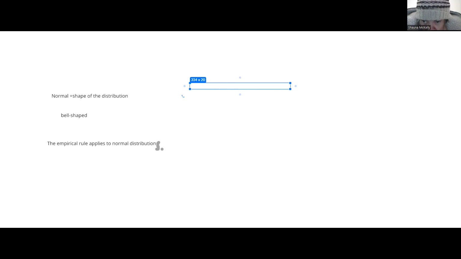The whole chapter is about normal distributions, and that, remember, just means that it's a bell-shaped distribution. A standard normal distribution is a little more specific. It takes it one step further, and I'm going to show you what I mean by that in just a moment.